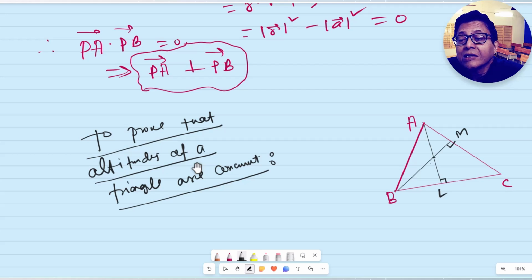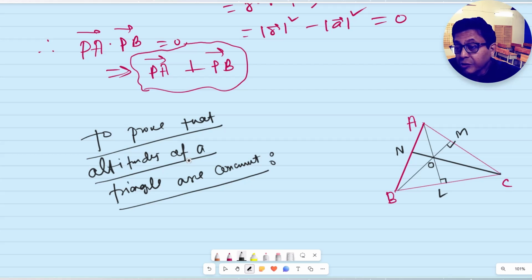Say the point is O. O is the point where 2 altitudes meet. You have to prove that if we join C to O and then produce it, this has to be perpendicular. This is a geometry proof.